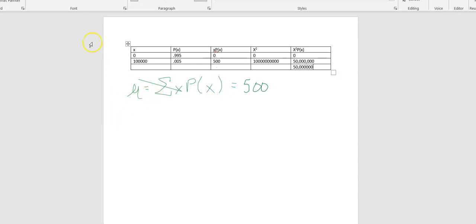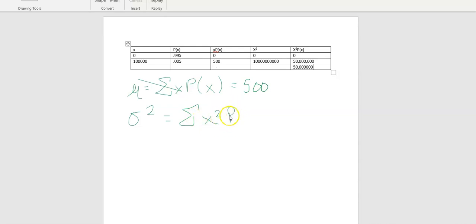And then let's remember our formula. Our formula for variance was the sum of the x squared times p of x, minus the mean squared. And then, of course, we'll still have to take the square root to get down to the standard deviation. So let's fill in: the sum of the x squared p of x was 50 million, minus 500 squared.